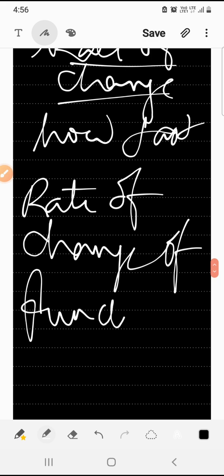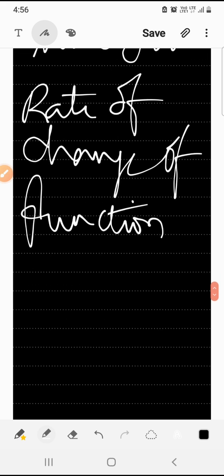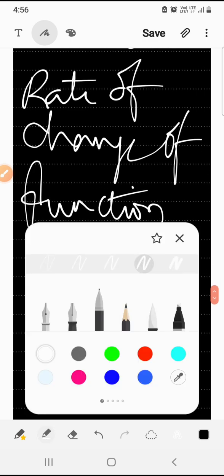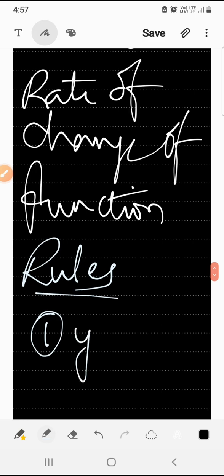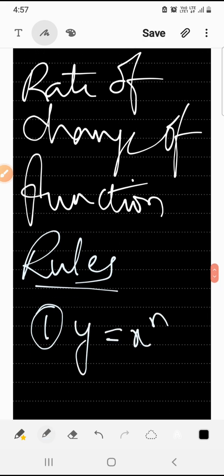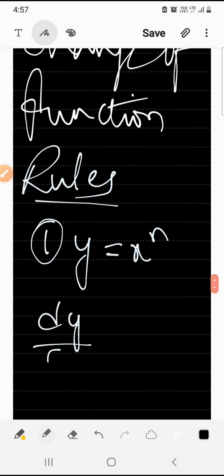Then how to differentiate: the rules of differentiation. First rule, y equals x power n. Differentiating y with respect to x gives n x power n minus 1.